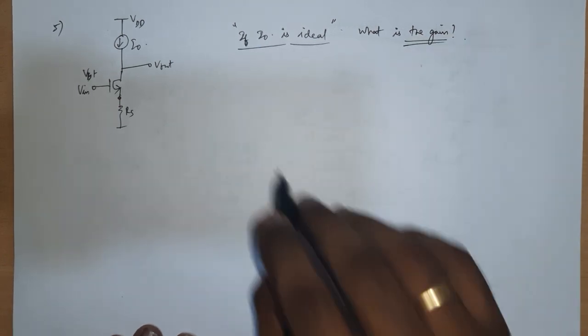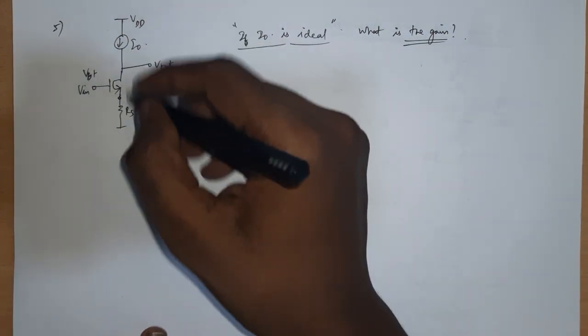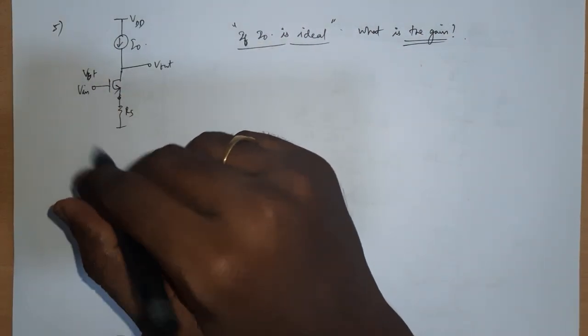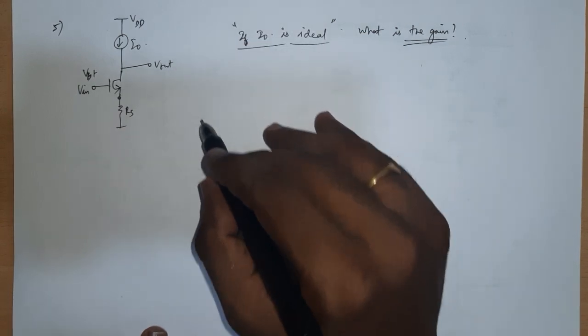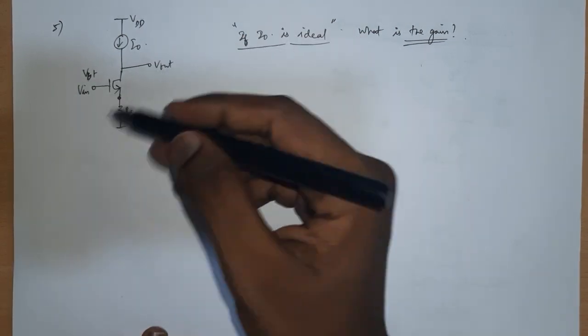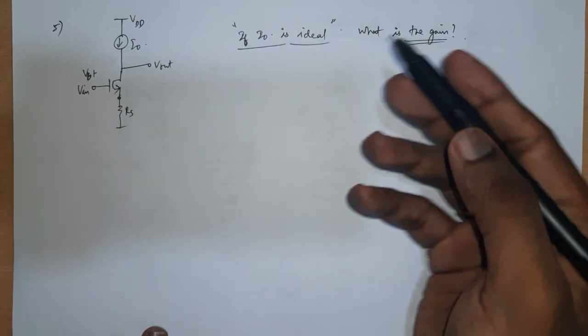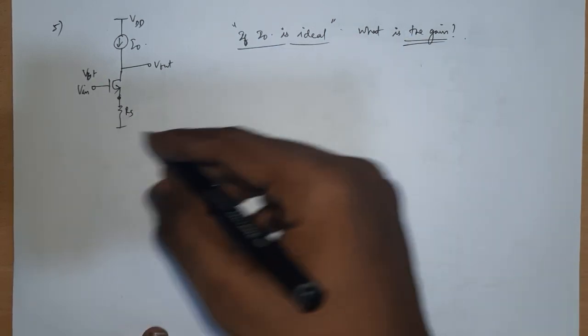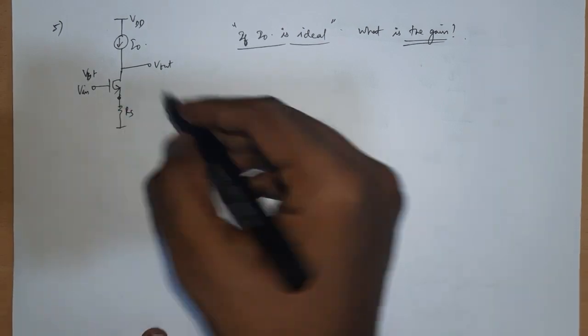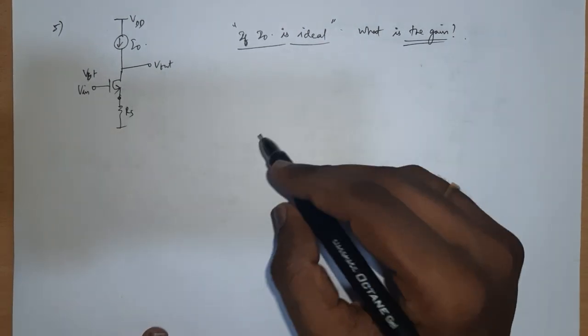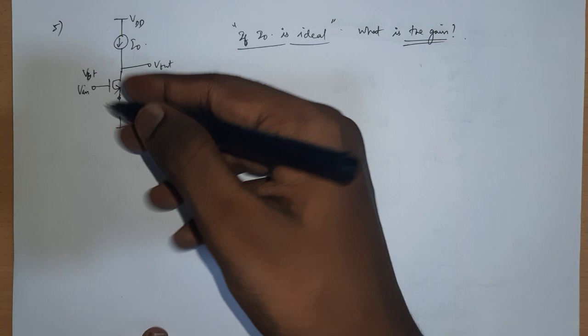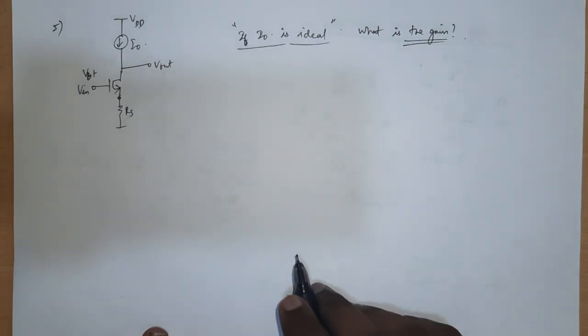So how would you do it? If you look at the circuit for a minute, you would easily get the answer. If you have proper intuition, you can actually get the answer. But first let me go about the roundabout way, putting in the equivalent resistance and arriving at the answer. And second, I'll tell you how intuitively you can solve it very easily.